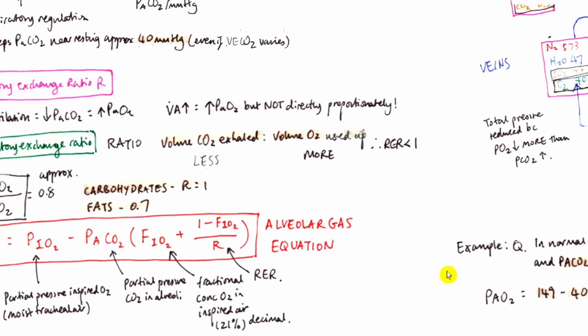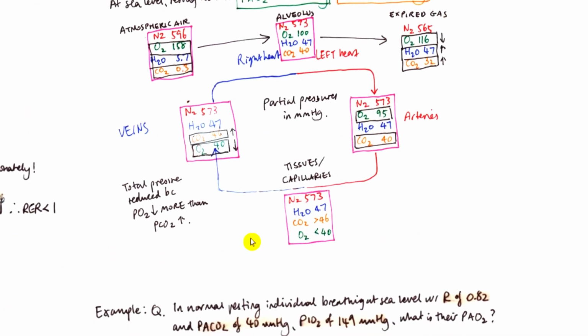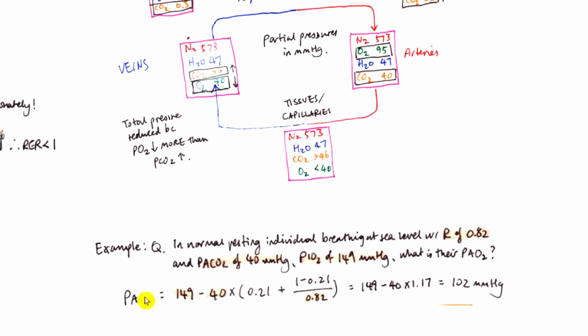An example question here, we can try this, and then I'll reveal the answer now. So example, in a normal resting individual breathing at sea level with a respiratory exchange ratio of 0.82, partial pressure of carbon dioxide of 40 millimeters of mercury, and PiO2, so partial pressure of inspired oxygen of 149 millimeters of mercury, what is their alveolar partial pressure of oxygen?